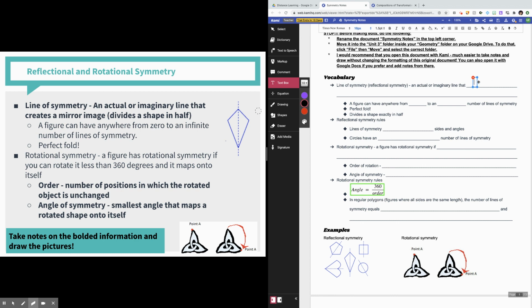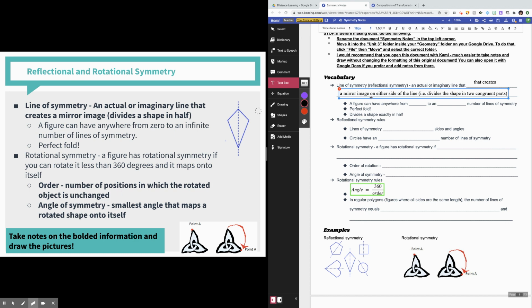So it's an actual or imaginary line that creates a mirror image on either side of the line, i.e., it divides the shape in half, or in two equal, actually, I really should say congruent parts.